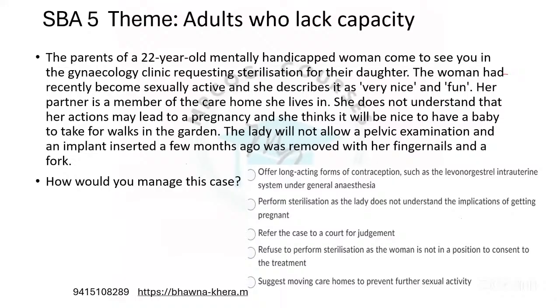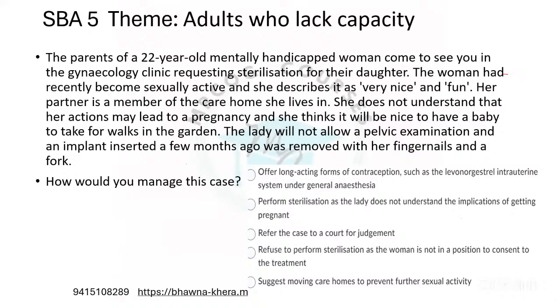She does not understand that her actions may lead to pregnancy and she thinks it will be nice to have a baby to take for walks in a garden. The lady will not allow a pelvic examination, and an implant inserted a few months ago was removed with her fingernails or a fork.